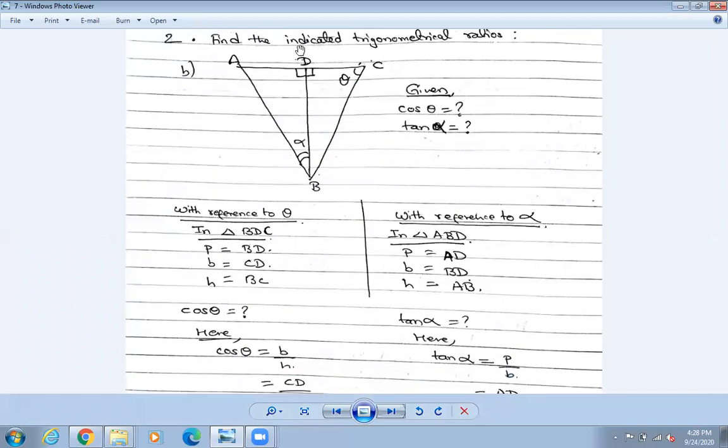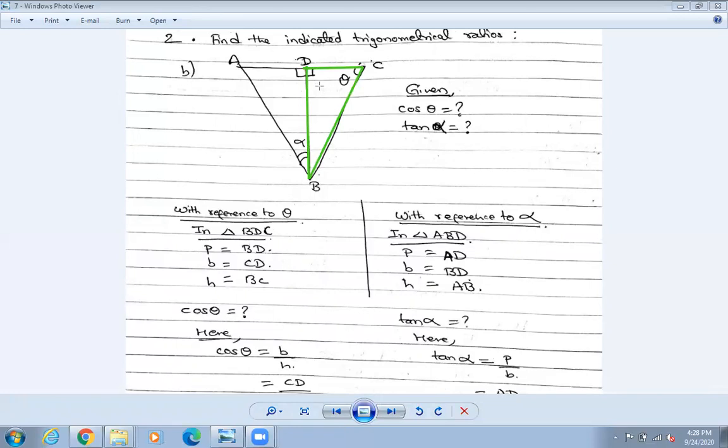So let us make the figure first. In this figure, with reference to theta means just see this triangle only. Just focus on this triangle. What are the three points? B, D, and C. So what is the name of this triangle? BDC. Okay, so we need to find out three things because we are asked to find out the cos theta, tan theta, tan alpha.